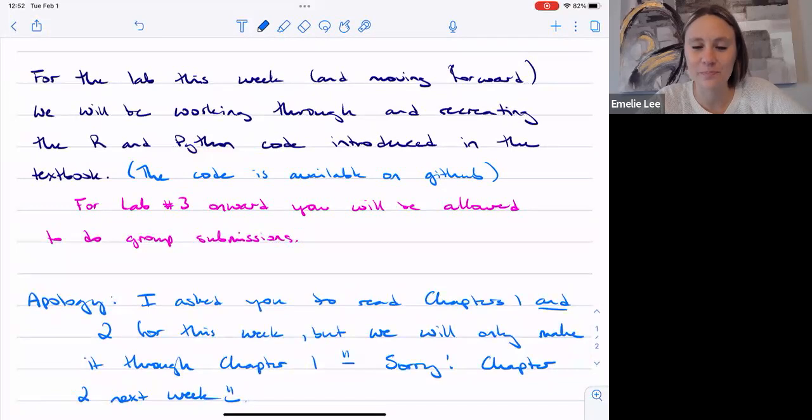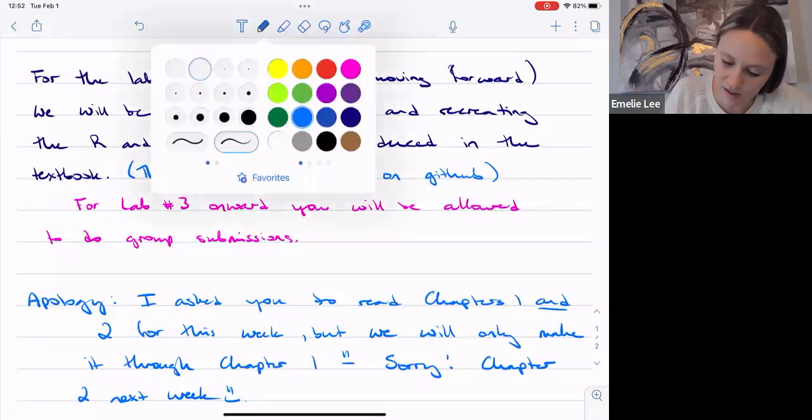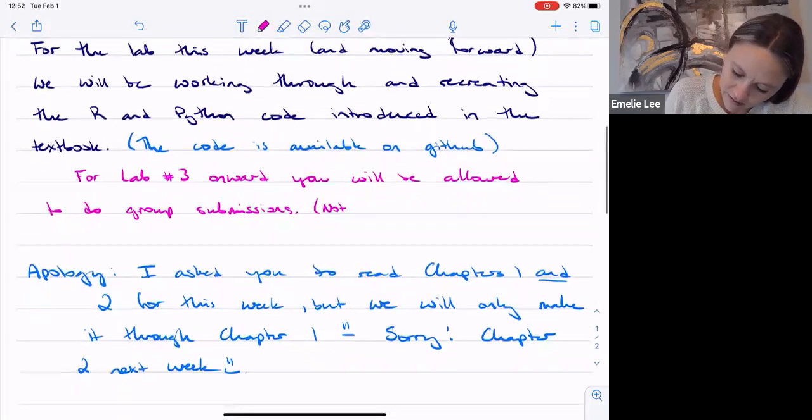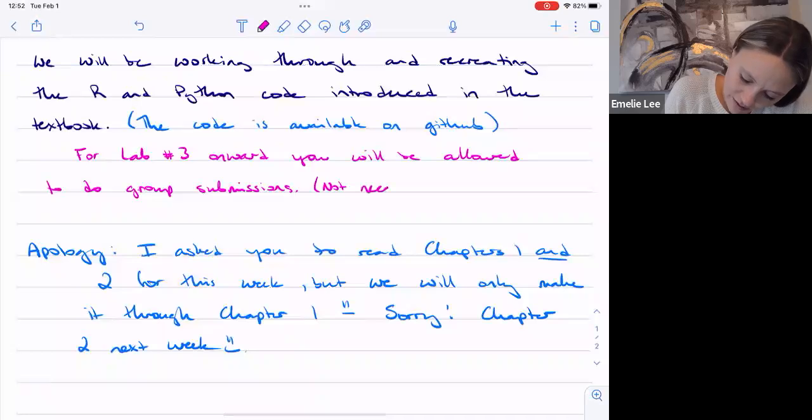And then you can start thinking about it. And okay, the group submissions can be different for each week. Not necessarily the same groups each week.